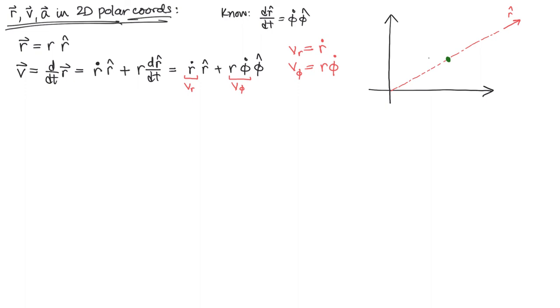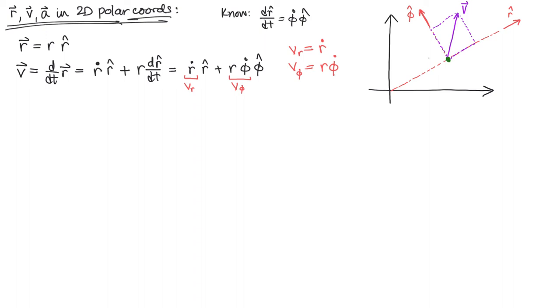A rotation of that direction by 90 degrees defines my phi hat direction. And let's say I have a velocity vector at this location that is something like this. My velocity vector has a component in the radial and a component in the tangential directions.